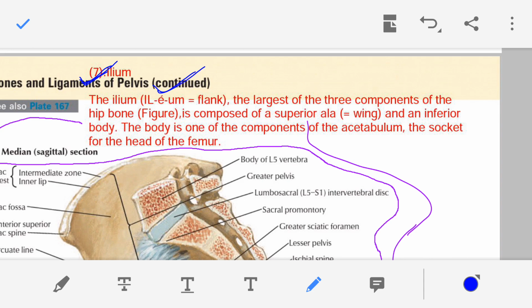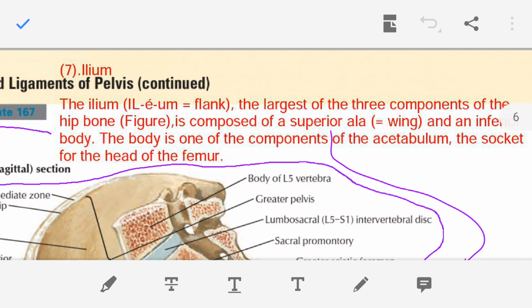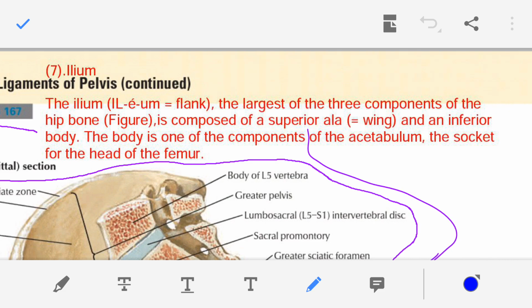These things are a bit difficult, but we should try to pronounce it this way, ilium. Ilium means flank. So in the hip bone there are 3 bones, and the ilium is the largest of these 3 hip bones.